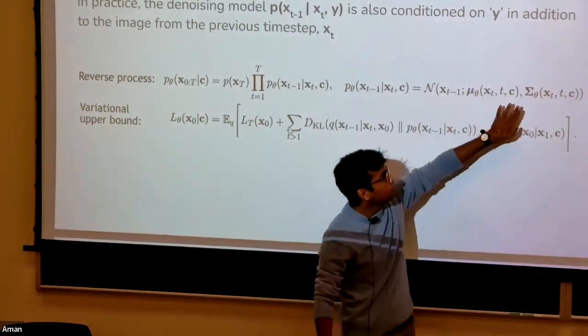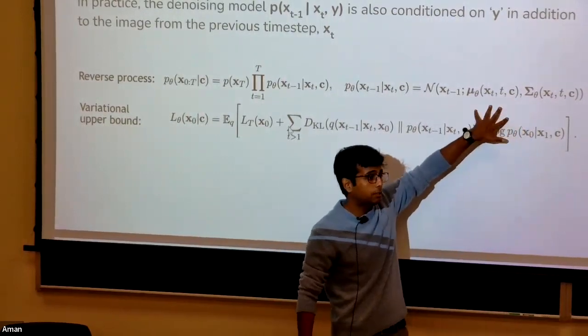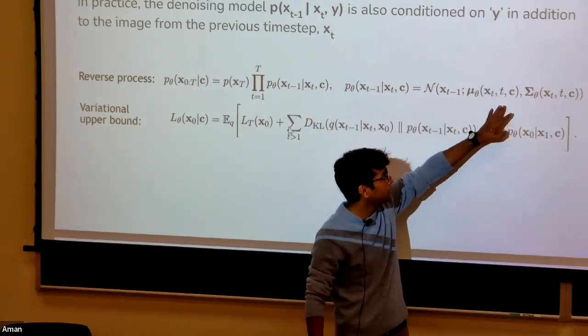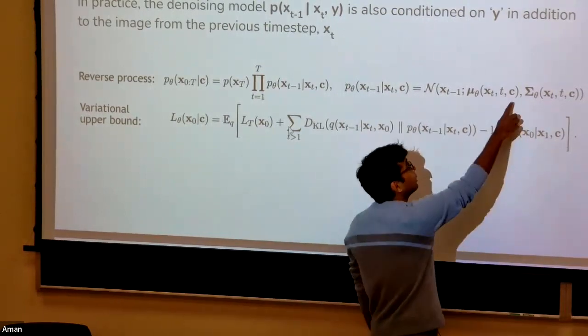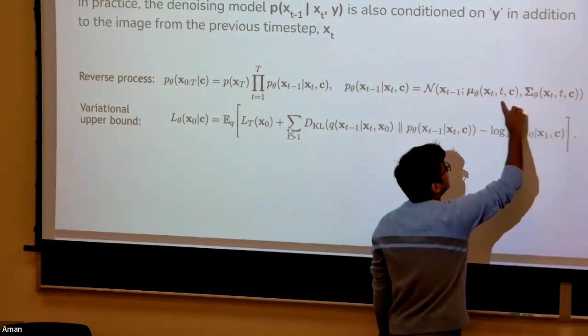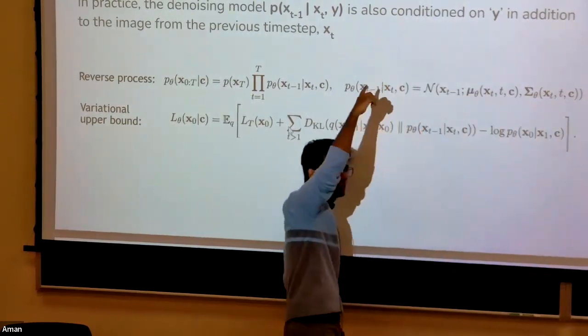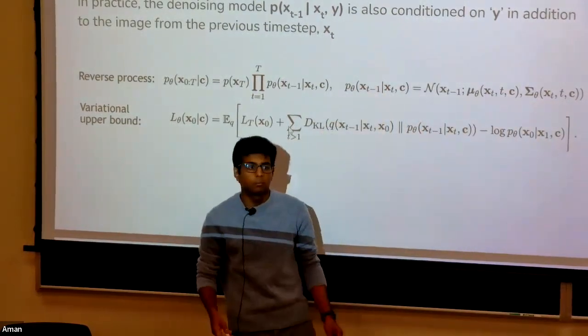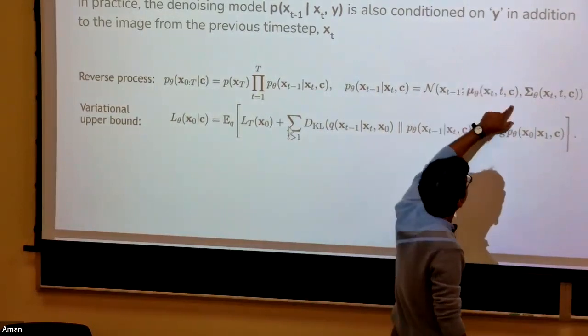These two networks, which predict the properties of the distribution, also now take into account the conditioning signal C. This C is the same as Y in the text. So just make the assumption that all the Y's here are just C.